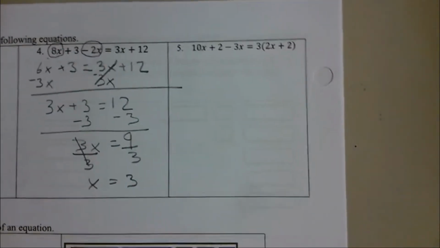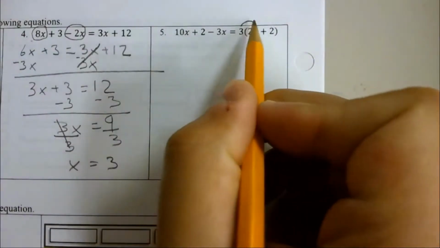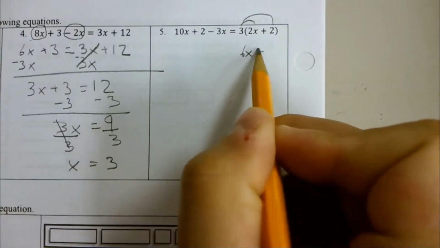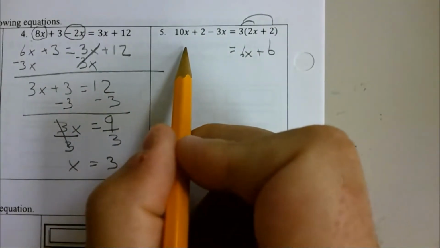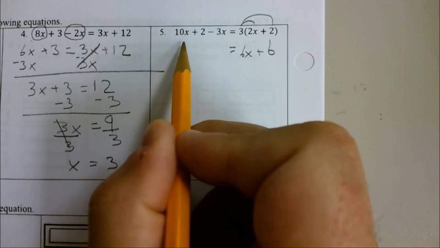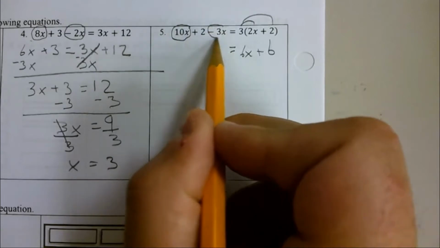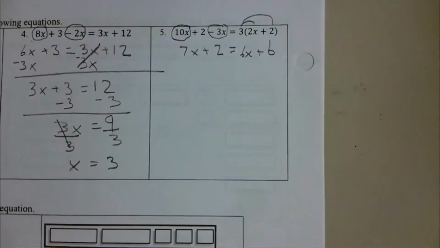Alright. And then number 5, the last one on this page, we're going to start by distributing. So I'd get 6x plus 6 over here equals, and then we'll do combining like terms over here since there's no distributing. So I'll do this 10x minus 3x, so I'm going to end up with 7x plus 2 over there.